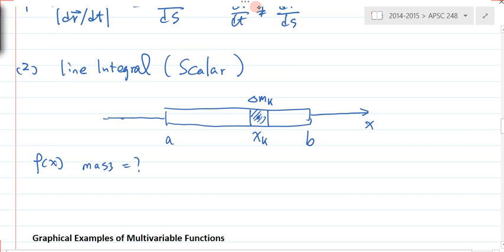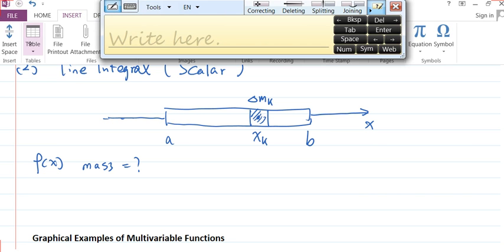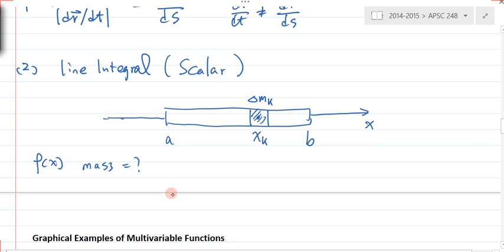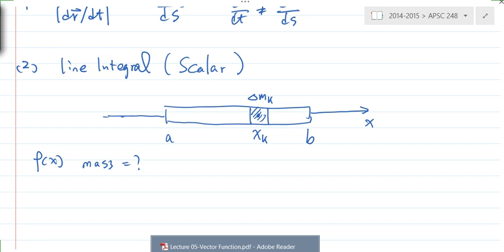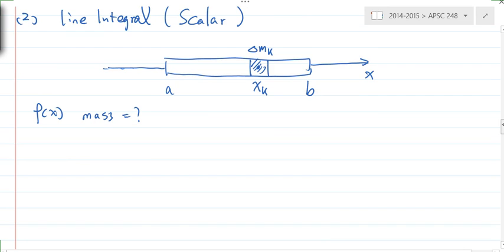So what does delta m_k equal? Because this is a pretty small segment, we can consider the density rho of x to be approximately the same around this location.